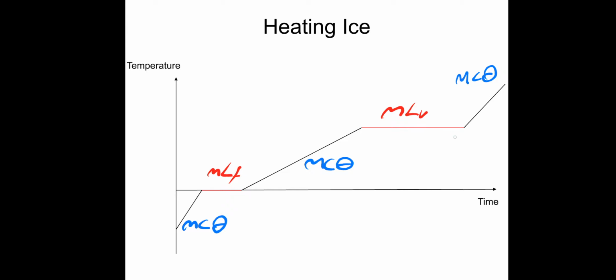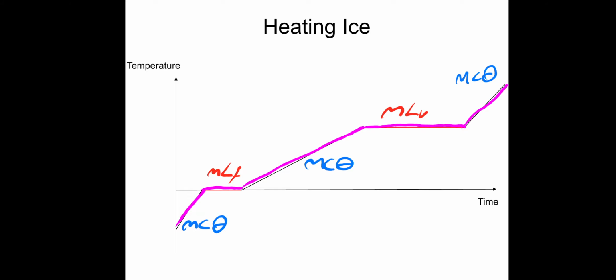The difference in length would actually be much more exaggerated if it was a to-scale graph. So in terms of energy increasing: increase in kinetic energy, increase in potential energy, increase in kinetic energy again, increase in potential energy, increase in kinetic energy.